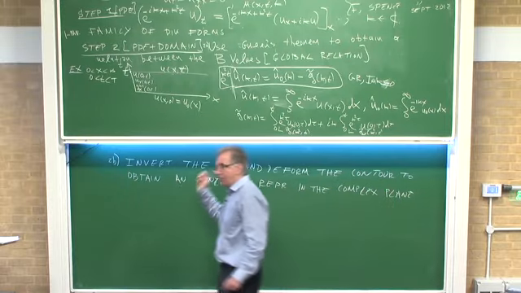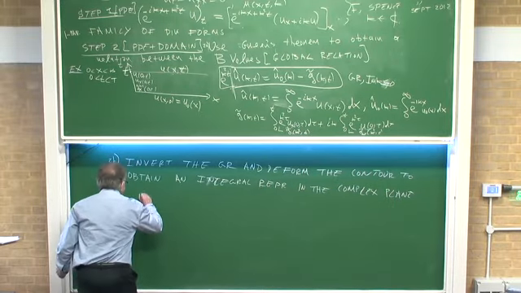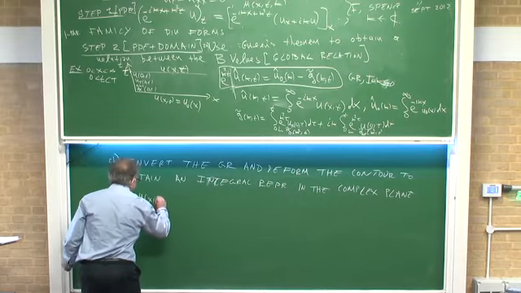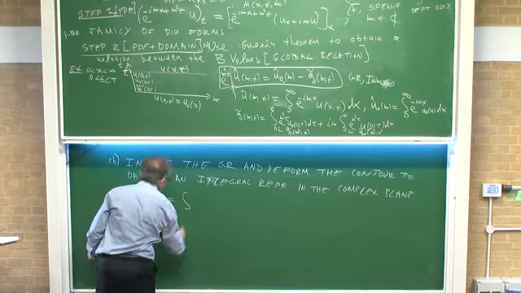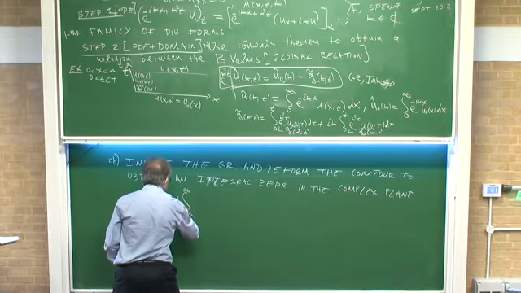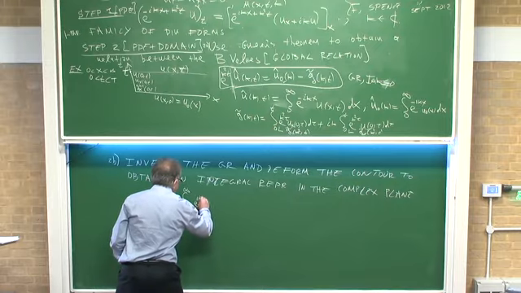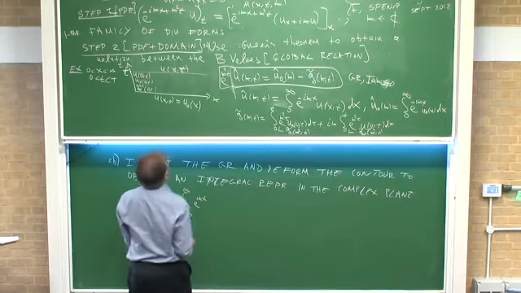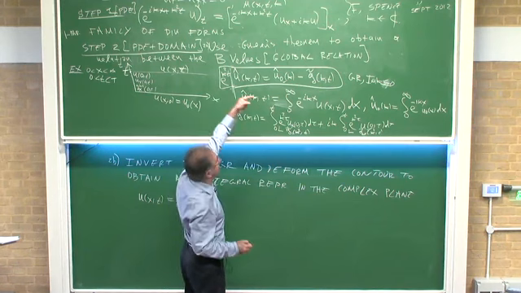Okay, so I invert. So I have u(x,t) is the integral from minus infinity to infinity, 1 over 2 pi, e to the i k x. I multiply this by e to the minus k squared t and invert.